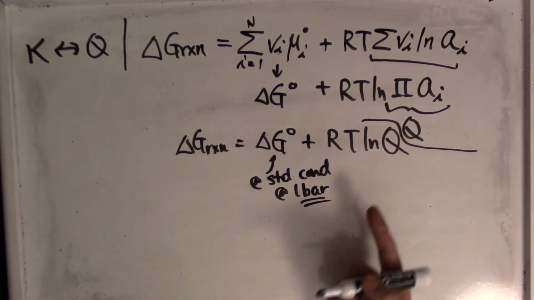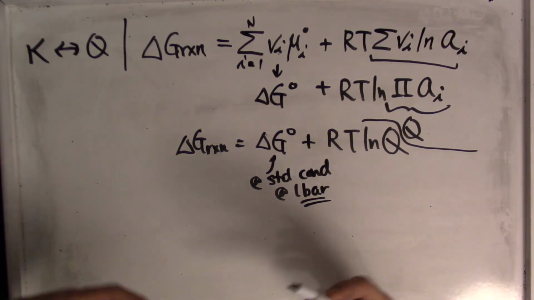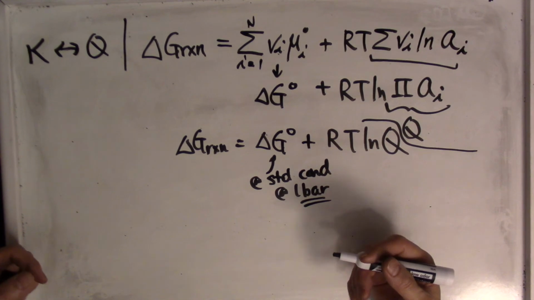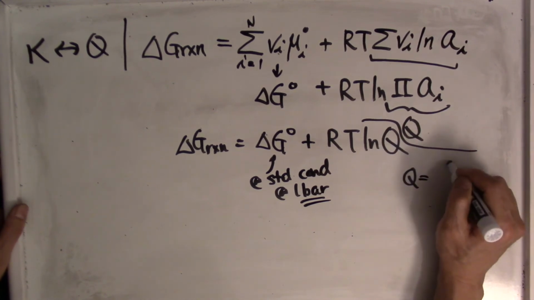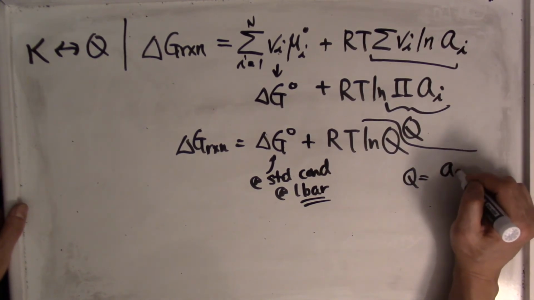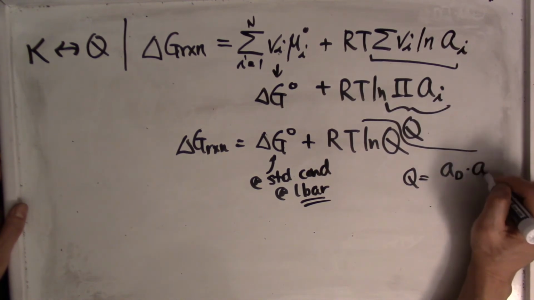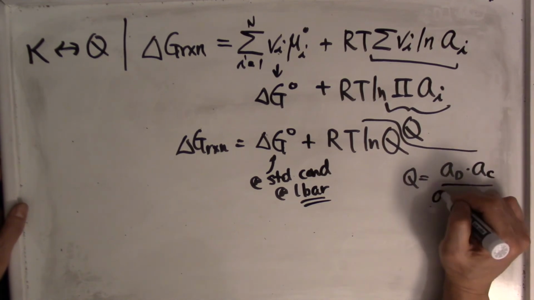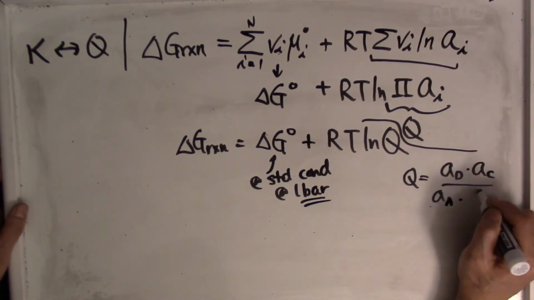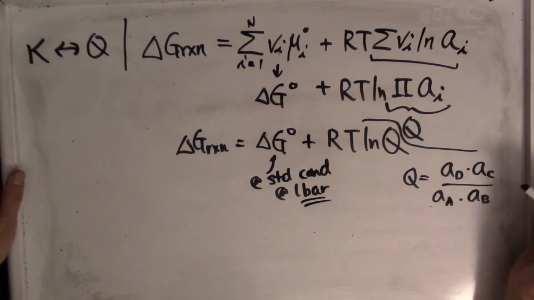If the reaction quotient reflects more product being there, let's say Q is equal to the activity of D times the activity of C over the activity of A times the activity of B, with a 1-to-1-to-1-to-1 ratio, just for the sake of simplicity.